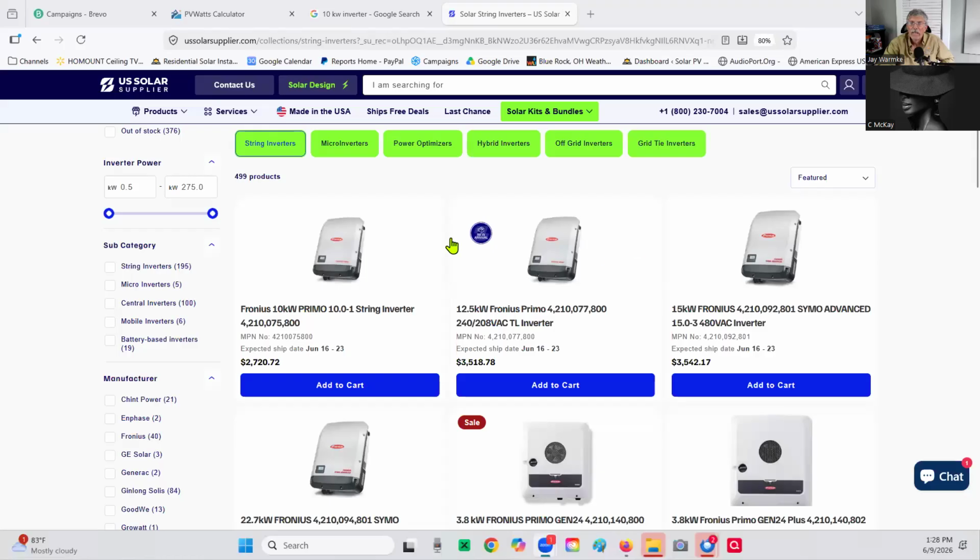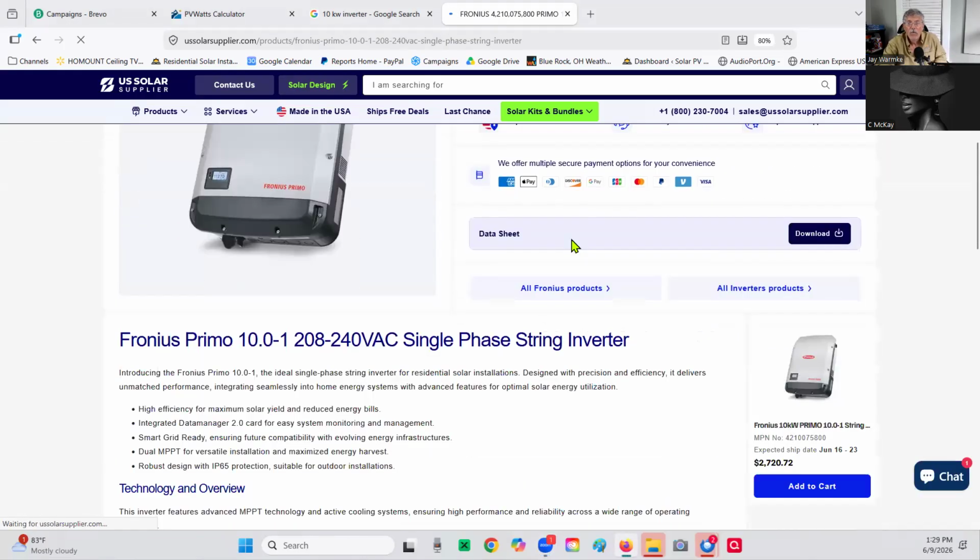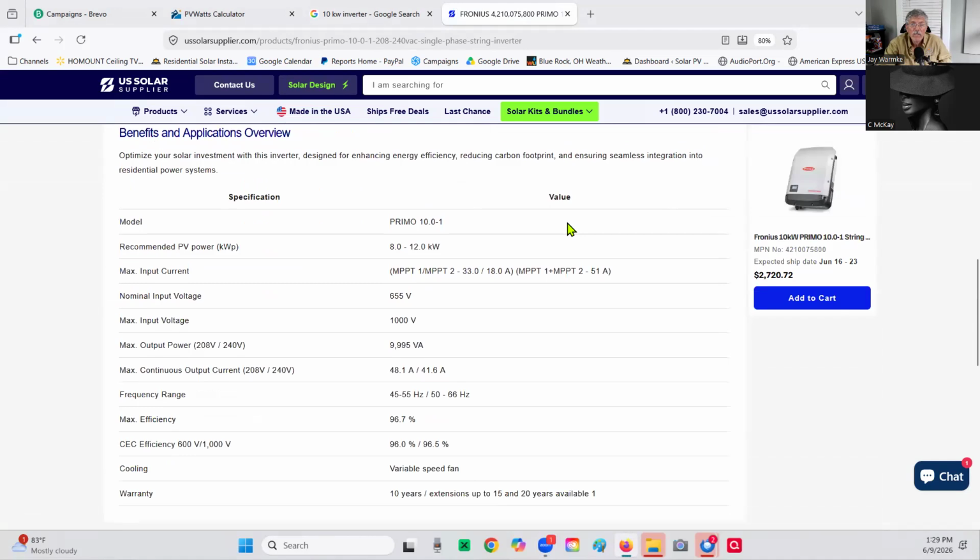All right. So then we start talking about, okay, we've identified our inverter. Well, let me share the screen. There's a couple of inverter specs that we need to look at. We've decided we're getting the 10 kW Primo, and I need to know what is its startup voltage and what is its maximum.